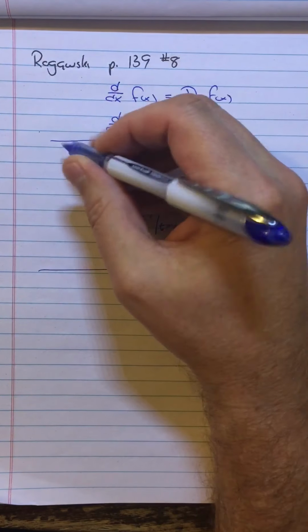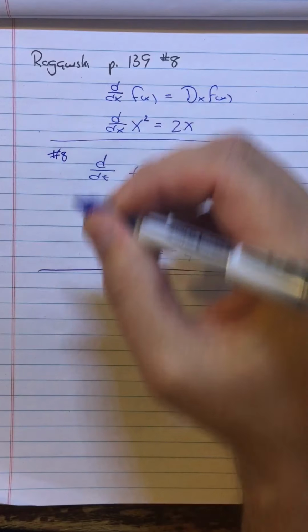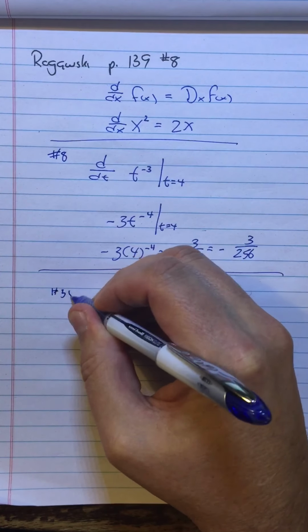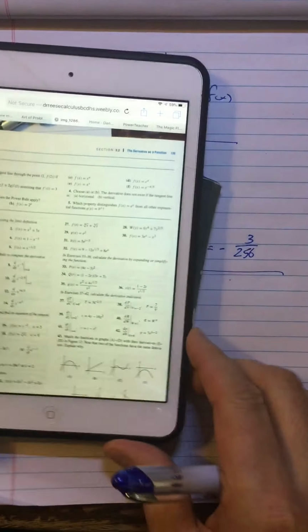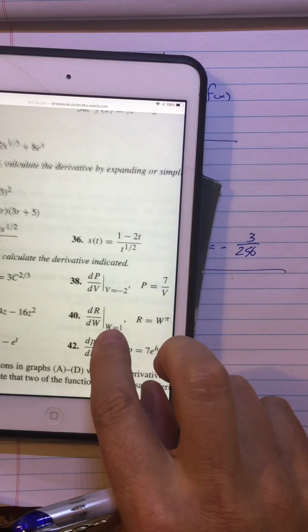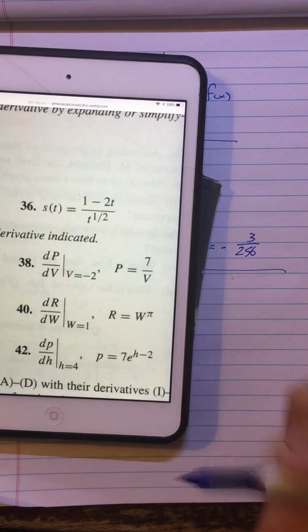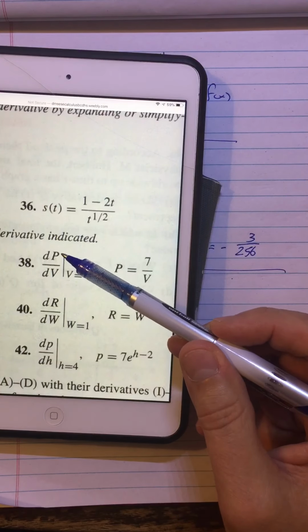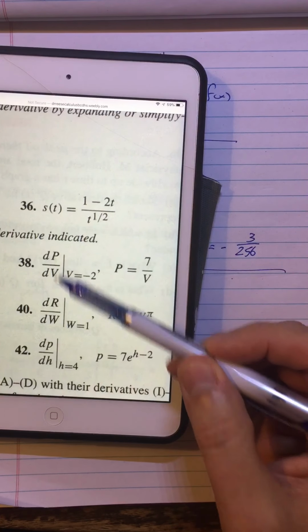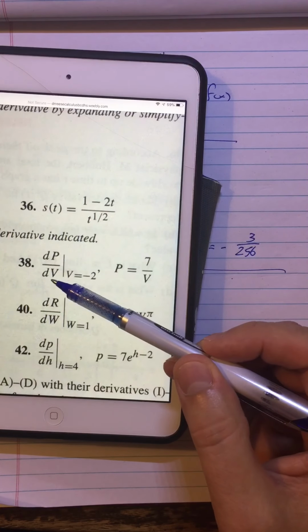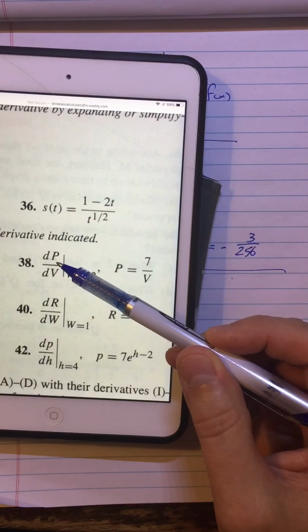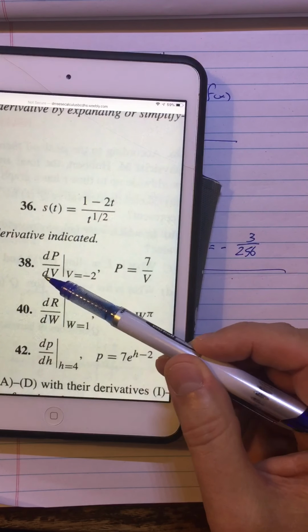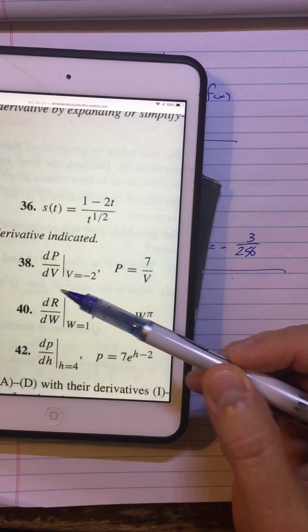All right, now, the other one I wanted to do was number 38. So this is number 8, and then I wanted to look at number 38. Basically it's sort of the same thing, but now see how they've got dP/dV? That's like dy/dx. So it's saying the rate of change of pressure with respect to volume is the application here, by the way.